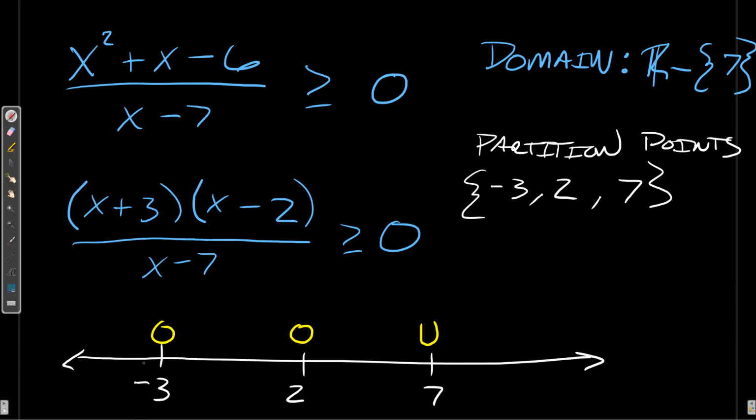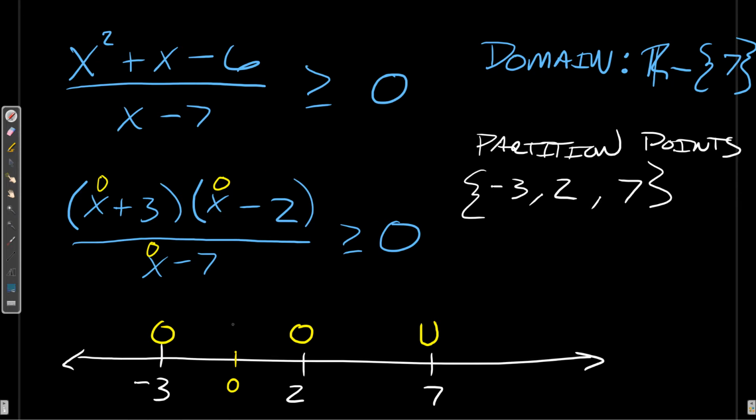And then we use test points in each interval to check the sign. The most convenient test point on this whole number line right here is going to be 0. If you took a 0 and put it in for x, here and here and here, you would have a positive number times a negative number divided by a negative number.